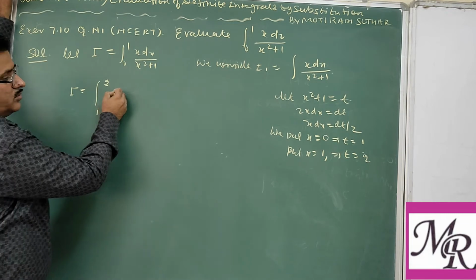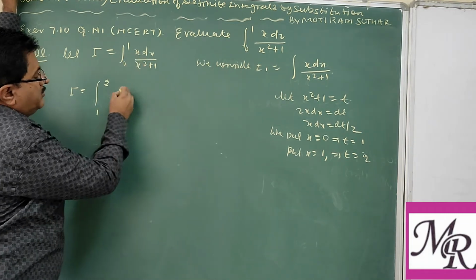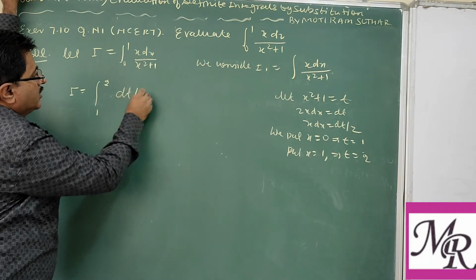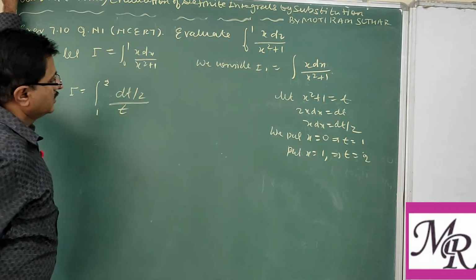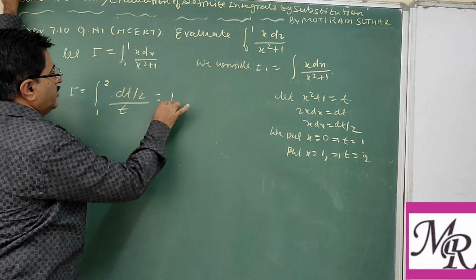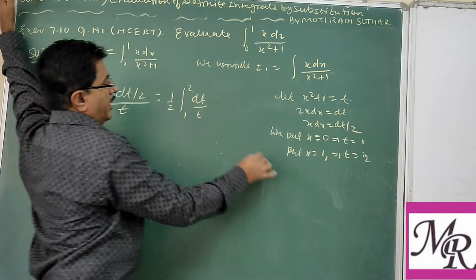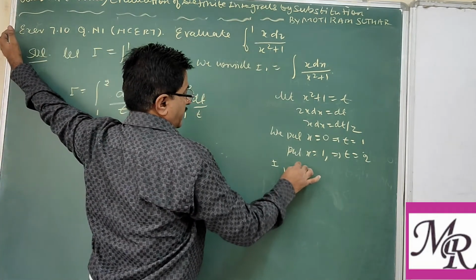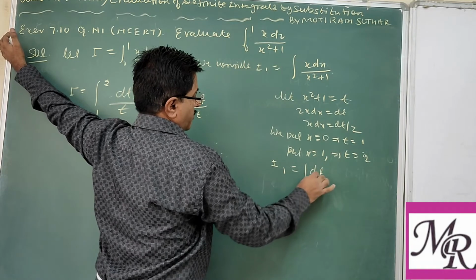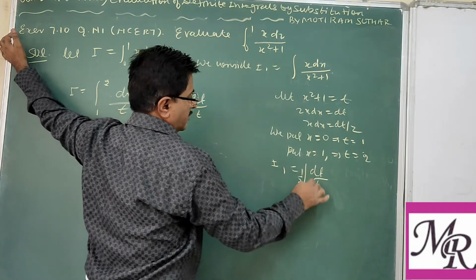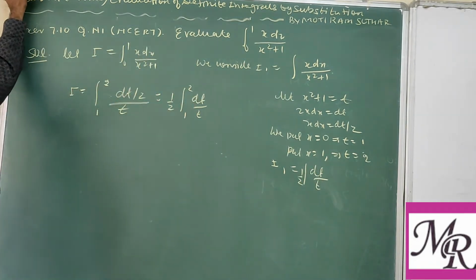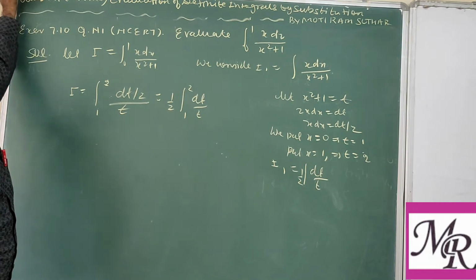So we can say x dx can be written as dt by 2, and the integral becomes 1 by 2 integral of dt upon t.